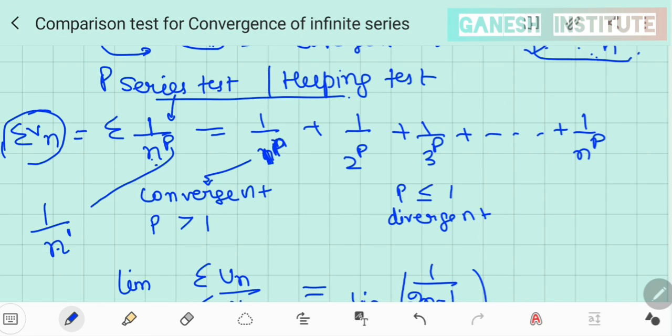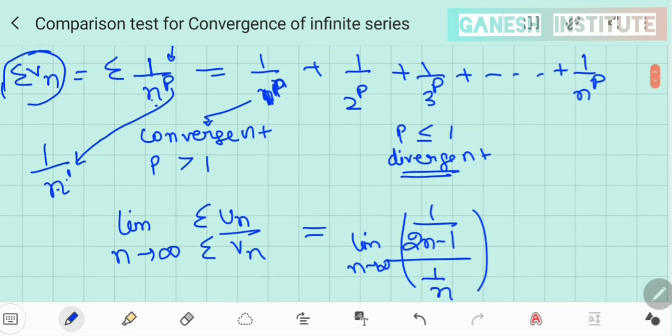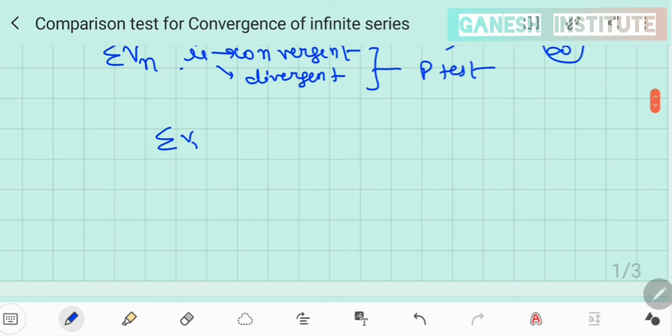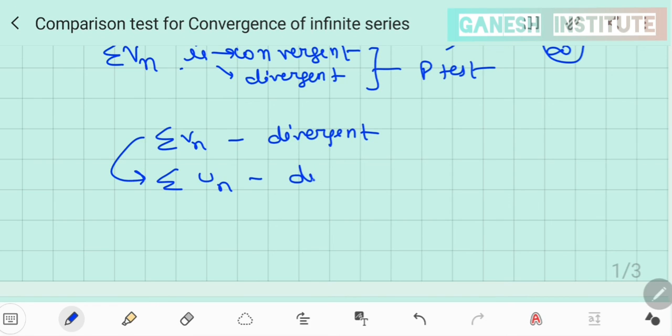So P is 1. If P is 1, what is it? Divergent, right? So your Vn is divergent, and if Vn is divergent, then your Un will be accordingly a divergent series.